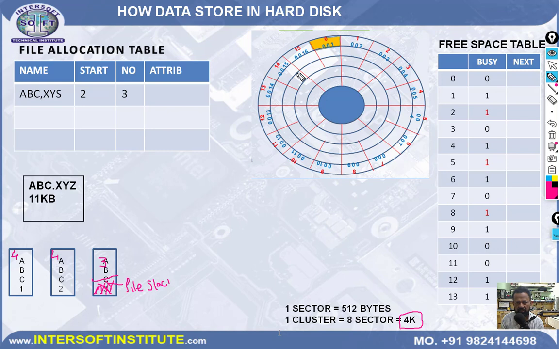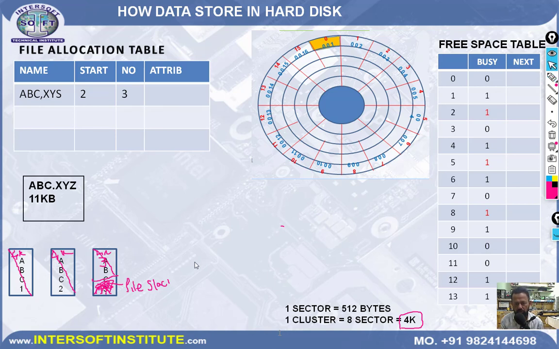We assume that these are your clusters, each of 4K size. In the last one, from the start up to here it is full, and the rest is free space, but we cannot use it for any other purpose. So the file occupies 3 blocks.